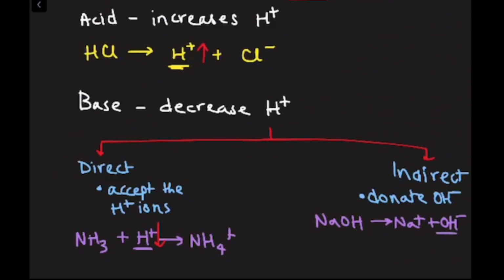Now, the OH minus that it donates will in turn bond with an H plus ion to form a water molecule. So by donating hydroxide ions, when it dissociates, it's indirectly reducing the H plus ion concentration because the OH minus bonds to the H plus to form water.